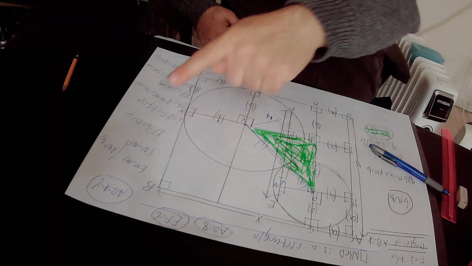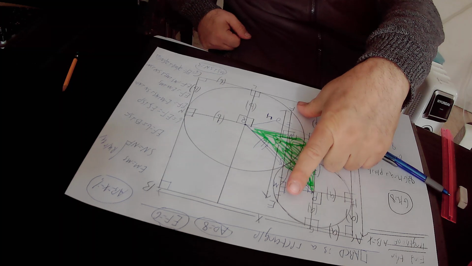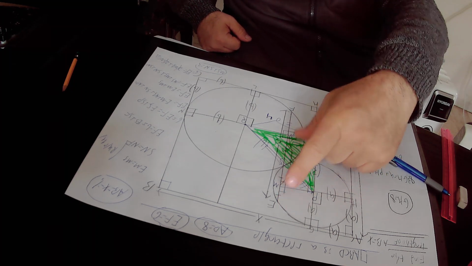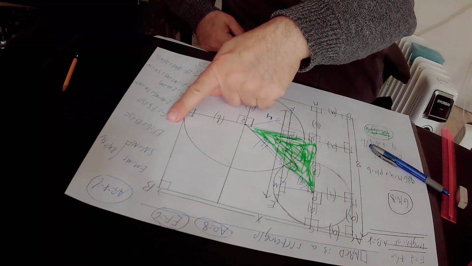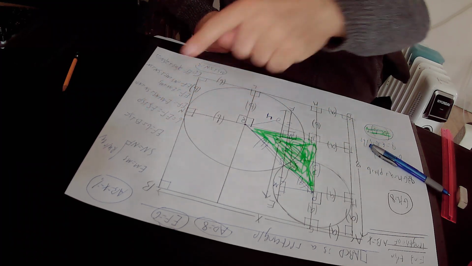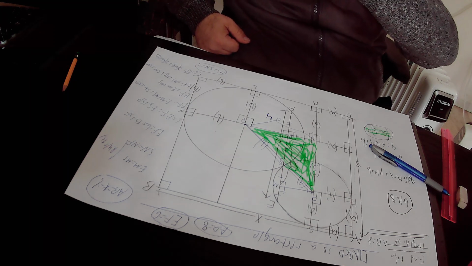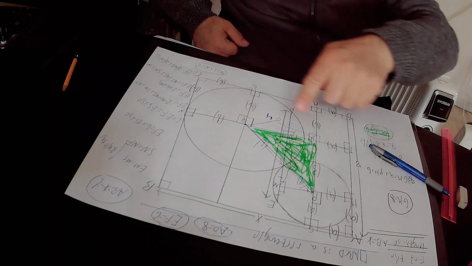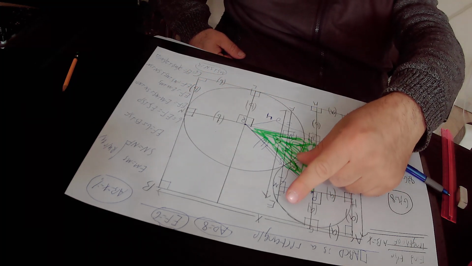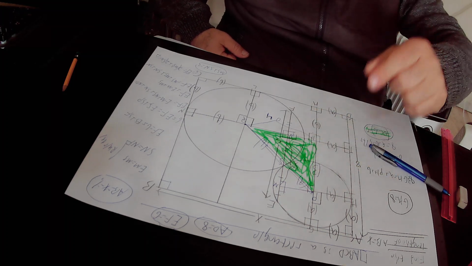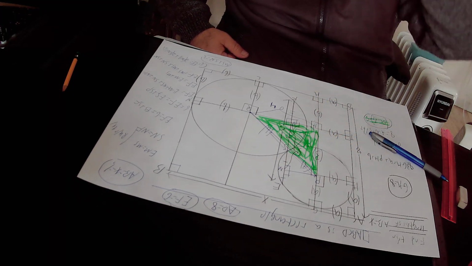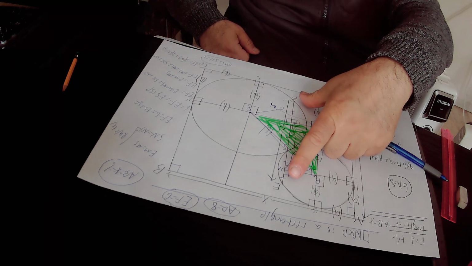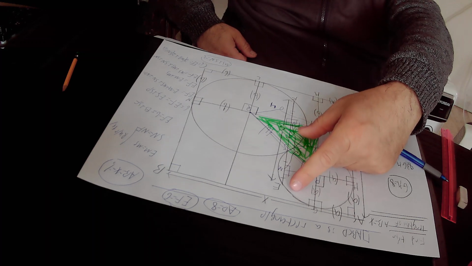And from the drawing it is very easy to see that EF also equals ES plus SF. Again, EF equals ES plus SF.